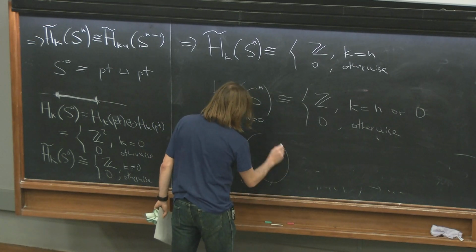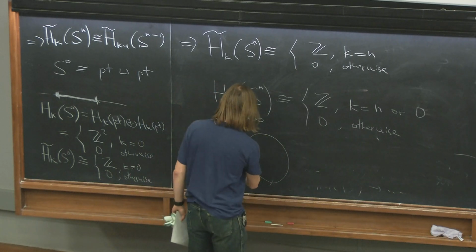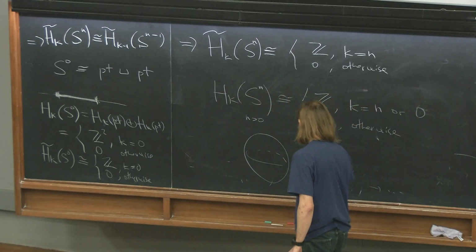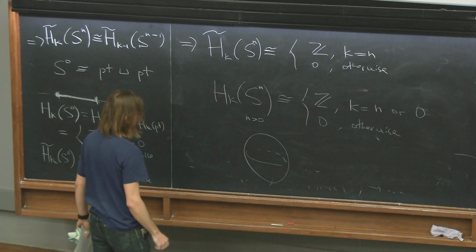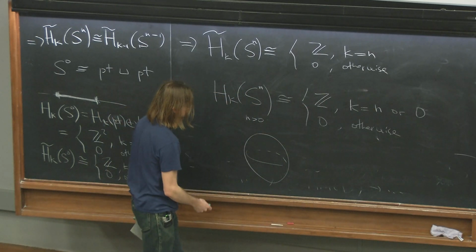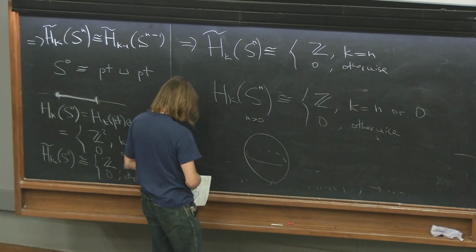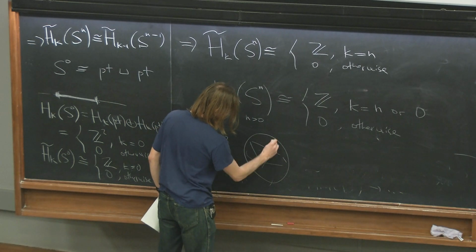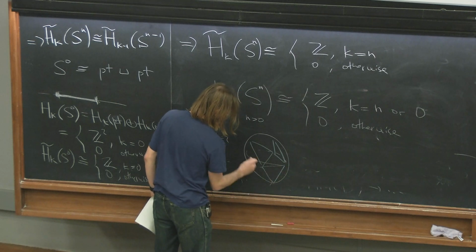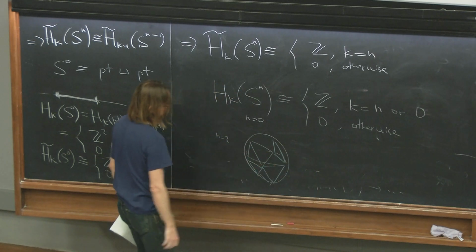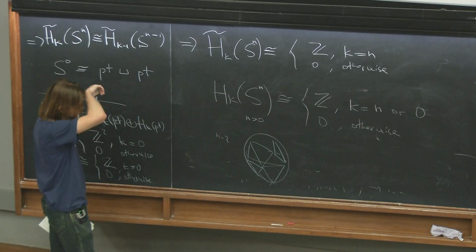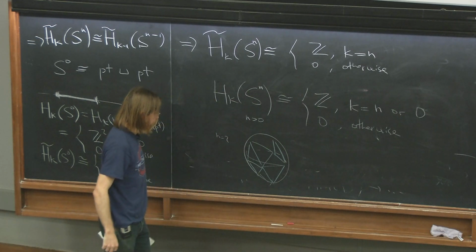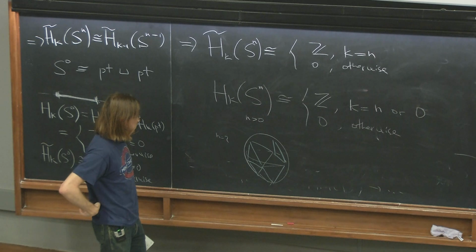Morally, you can understand this geometrically: what is the singular chain which generates Z here in dimension n? For example, take n equals 2. We consider a triangulation of the sphere, and this triangulation can be understood as a singular two-chain which is not a boundary of any singular (n+1)-dimensional chain.